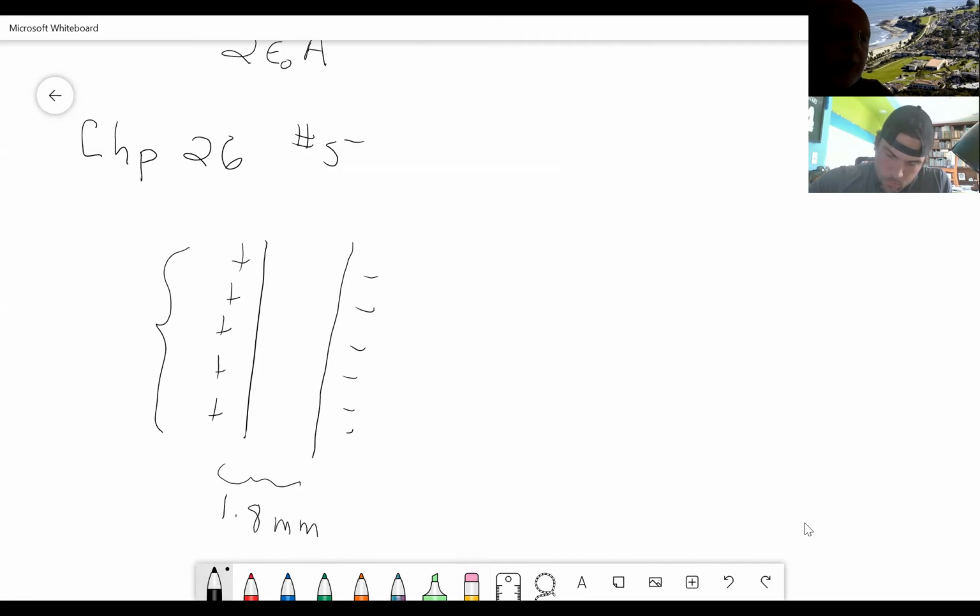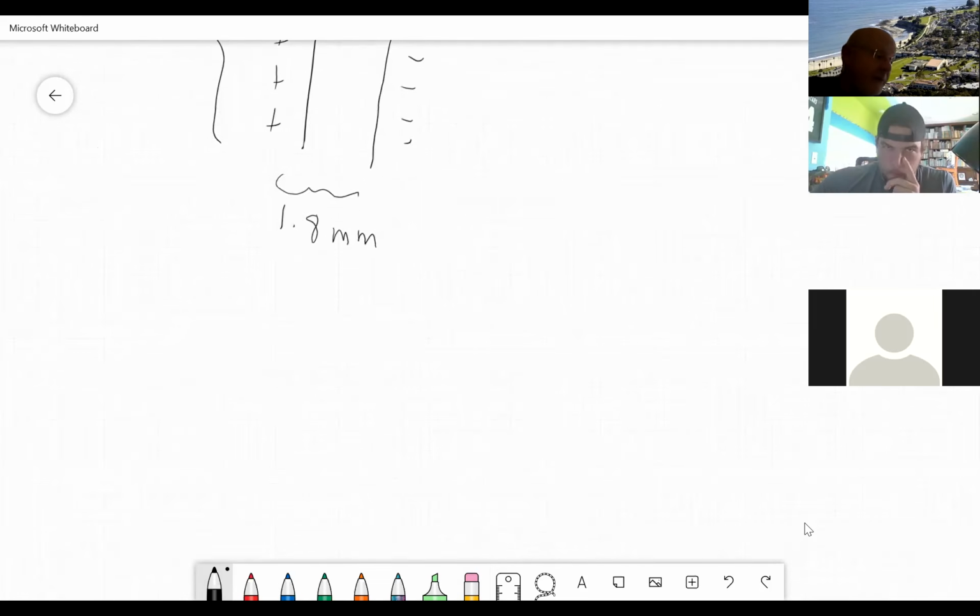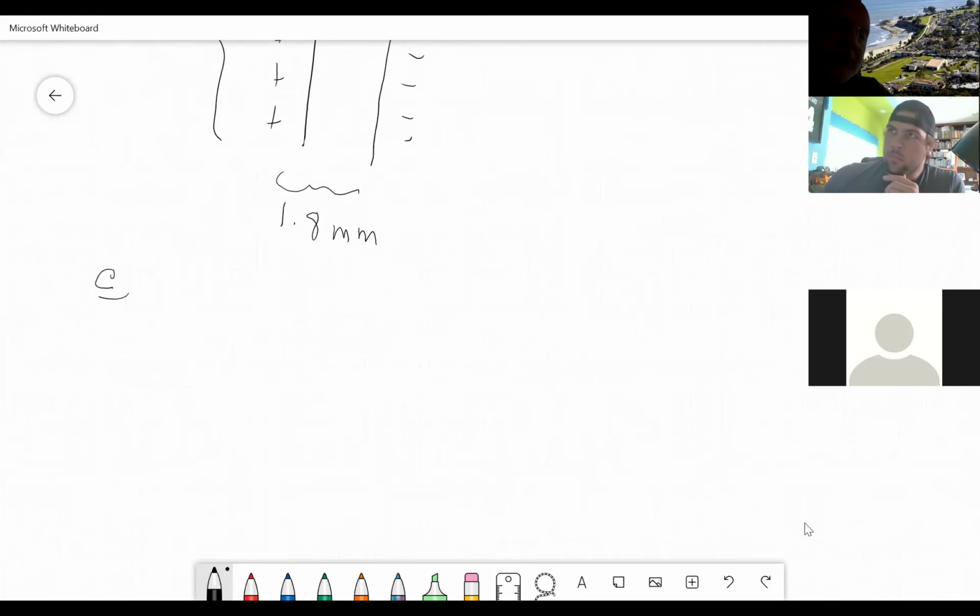And maybe over here, I'll just say A, they give us the area of, ooh, better watch your units here, 7.60 square centimeters. And then they ask a whole series of questions. But the one that kind of pops into my head first is C. So I'll do C first.